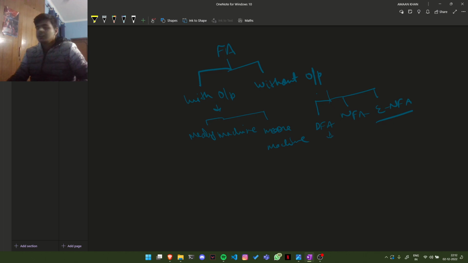DFA is a deterministic finite automata. Every DFA is an NFA, but not every NFA is a DFA. DFAs generally have a stricter set of rules.